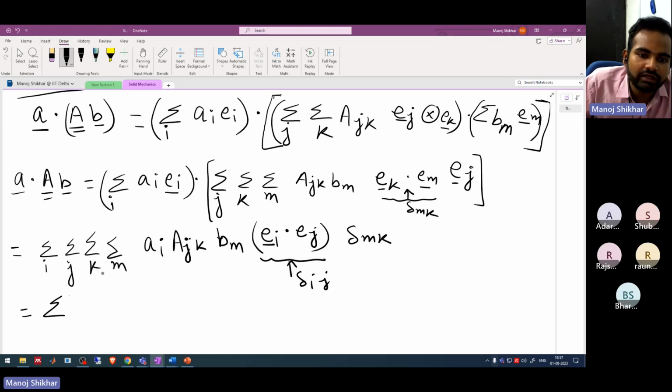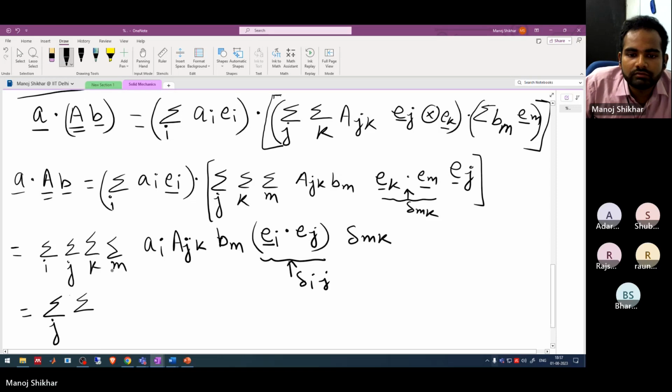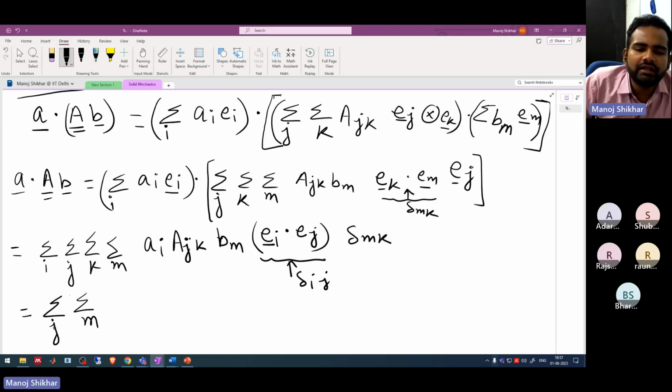Instead of four, we will now have only two indices here. You can also write k here and you can write i here. It will not matter. You can write i or m here, because whatever you write here, only those will appear here. So for example, I will show you right now.